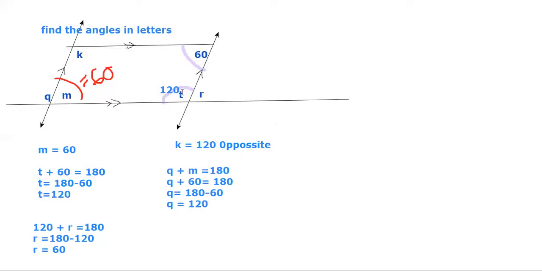Another person can just see that T is corresponding to Q, so T equals 120. Maths never lies, guys. So we are done. We have R, we have M, we're done with everything. Let me go to the next thing.